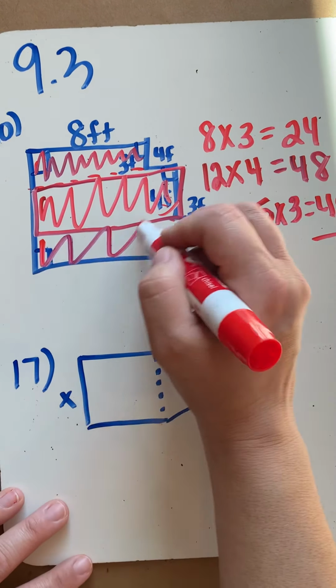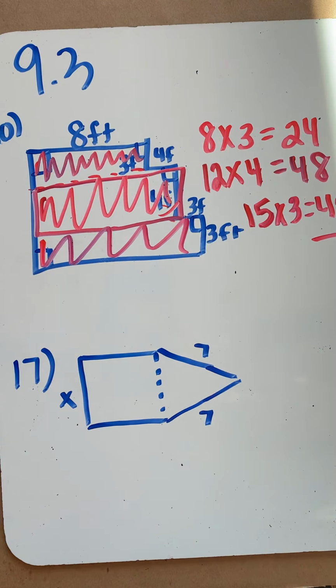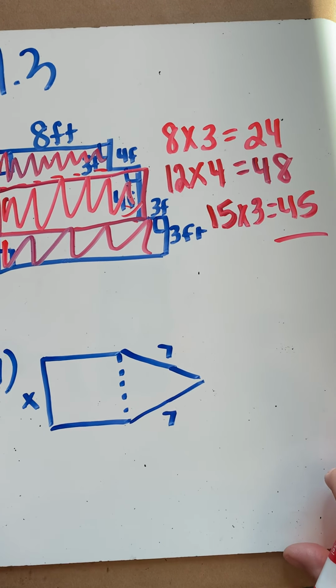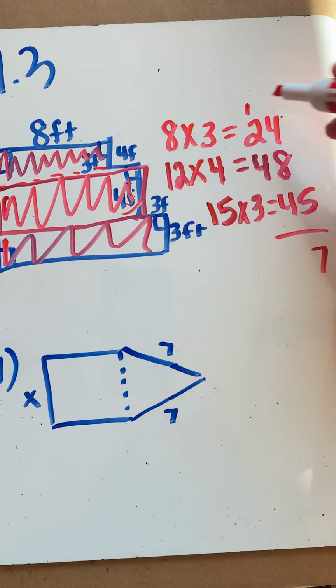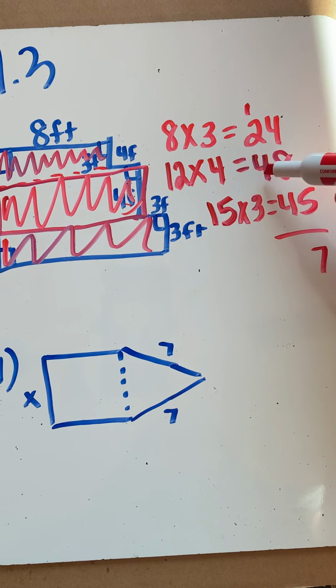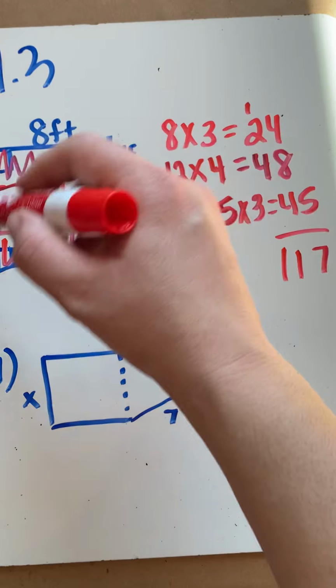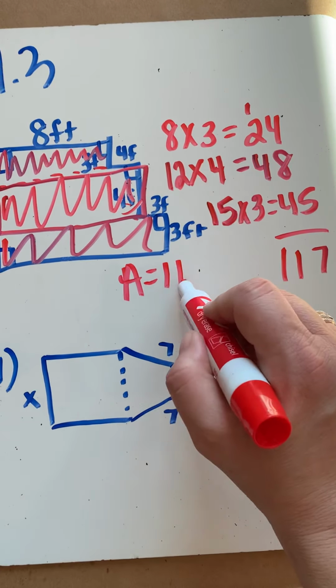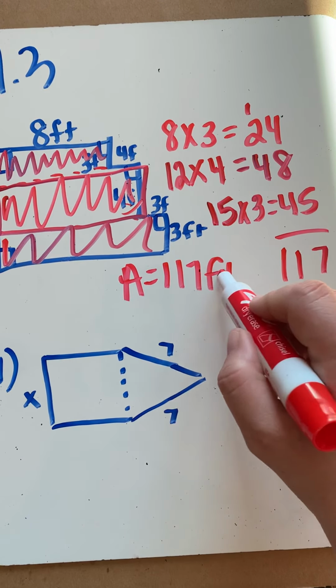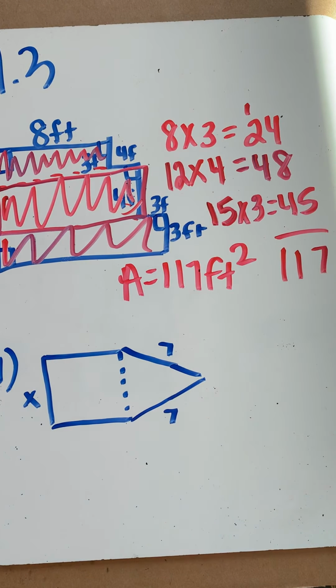So we have found the area of all 3 of those rectangles. Now what we have to do is add them up together. Okay, so we have 12 plus 5 is 17. I'm going to carry my 1. 3 plus 4 is 7, plus 4 is 11. So the area for number 10 is 117 feet squared. Okay.